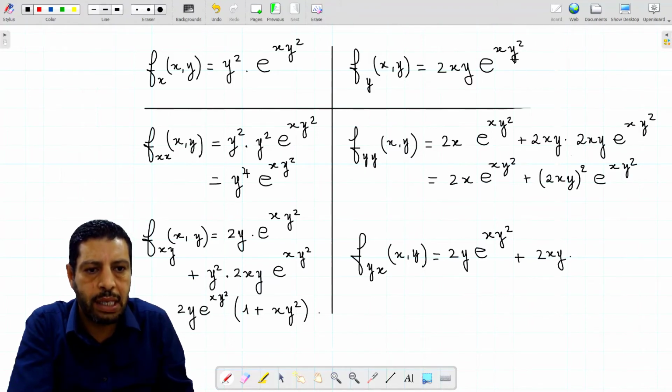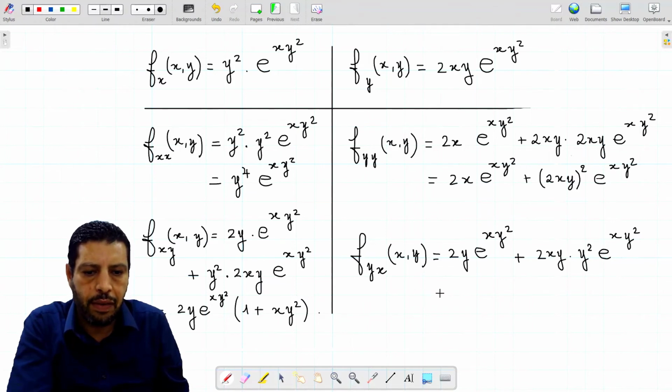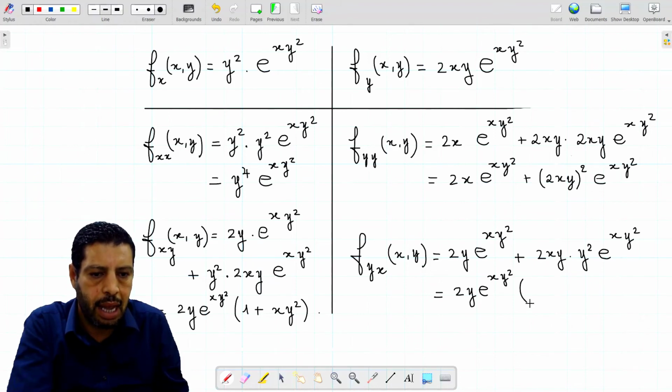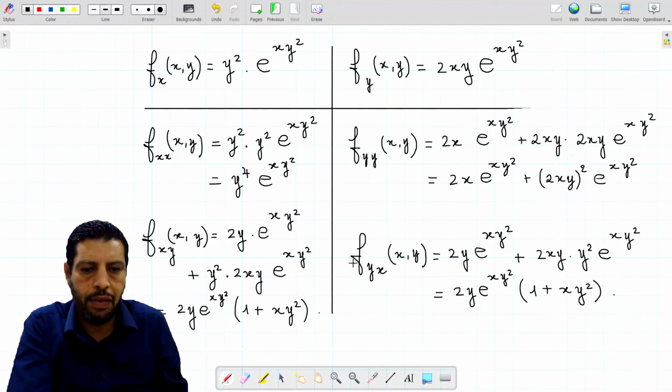It gives y squared exponential xy squared. So here we can check that it's the same quantity, and we can write it as 2y exponential xy squared times 1 plus xy squared.